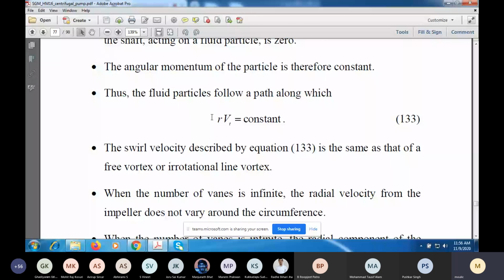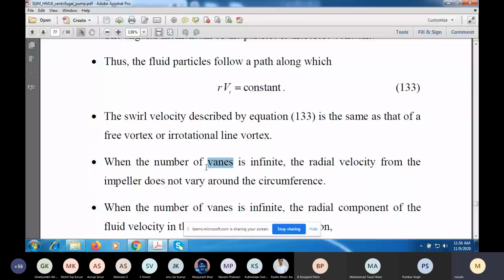So here Vt is a constant divided by r, and you can show that that is irrotational. Now you can also see why it is called a free vortex. In the case of a forced vortex, there must be an external torque which must be supplied, and some energy will be consumed in the process. Here there is no torque, so you are not providing any external energy to maintain the flow, so it is called a free vortex.